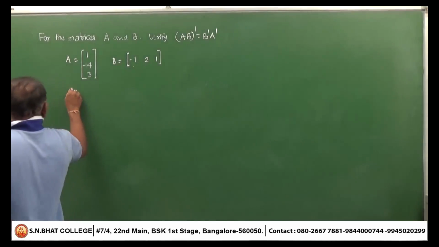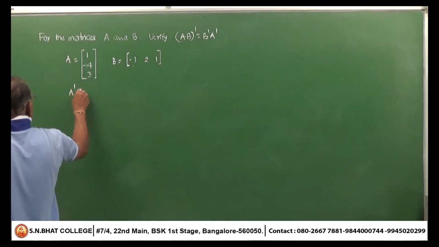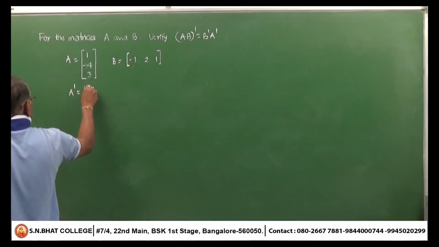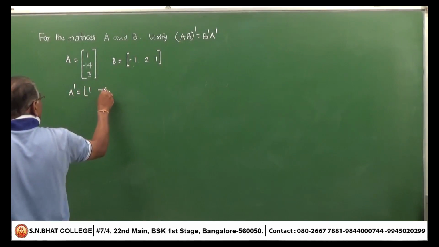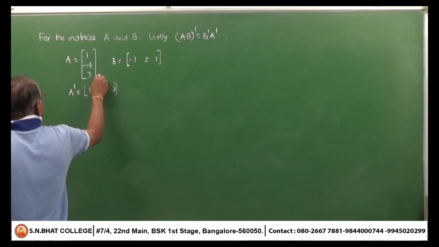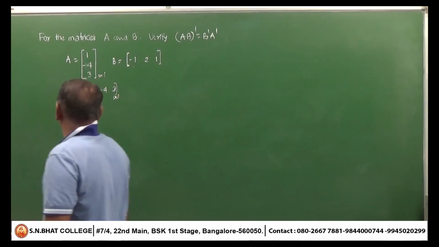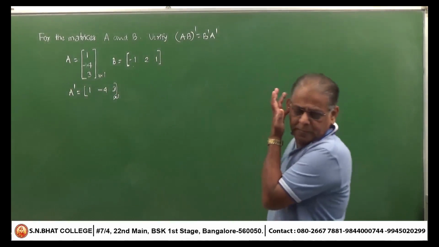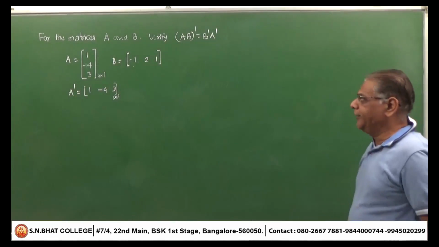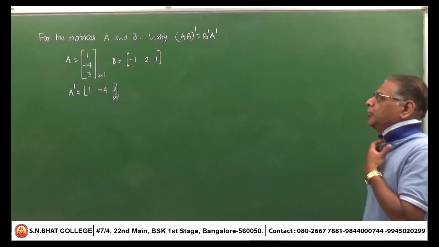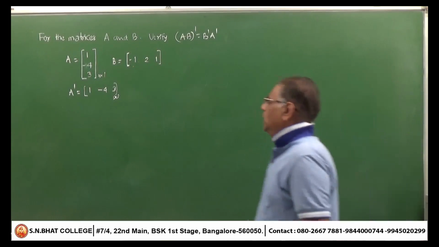A is given. First calculate A transpose. Write rows as columns, columns as rows. A is 1, -4, 3, which is 1 cross 3; its transpose is 3 cross 1. Transpose reverses it. First calculate A transpose by interchanging rows and columns.